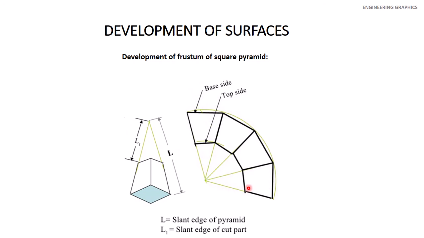The third step is, from this point, take the base edge of this pyramid and cut this arc 4 times because the base has 4 edges. So 1, 2, 3, 4. Then join this last part with this point.